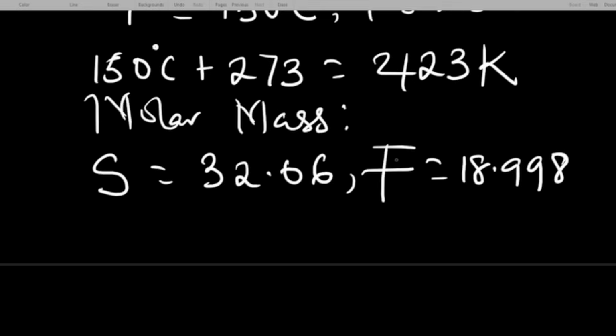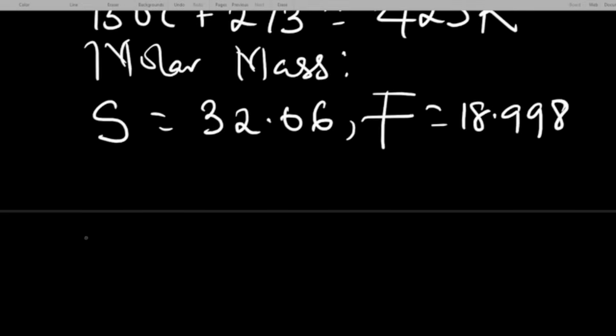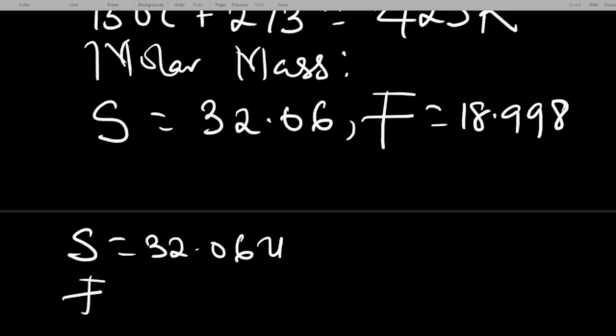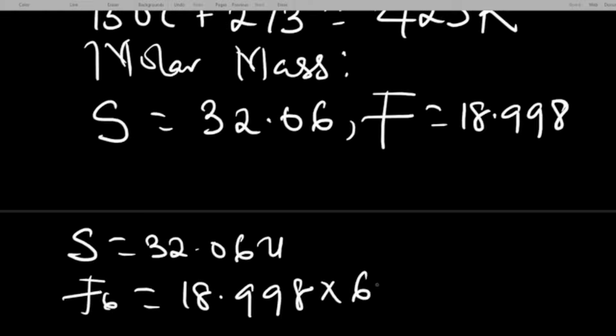Okay, so we then have to add them together. Since this one is F6, you have to multiply this one by 6. So sulfur is equal to 32.06, and then for fluorine, F6, this is equal to 18.998 times 6.